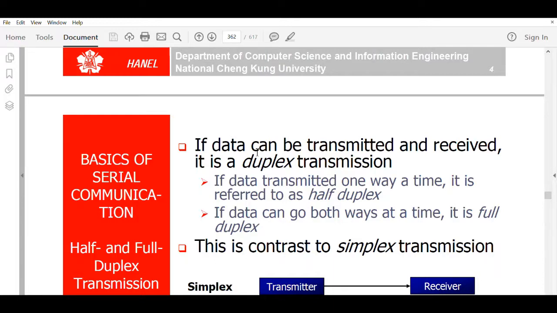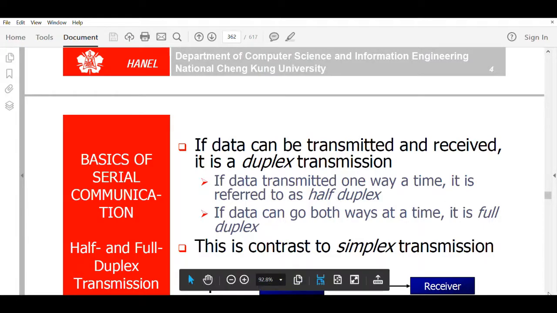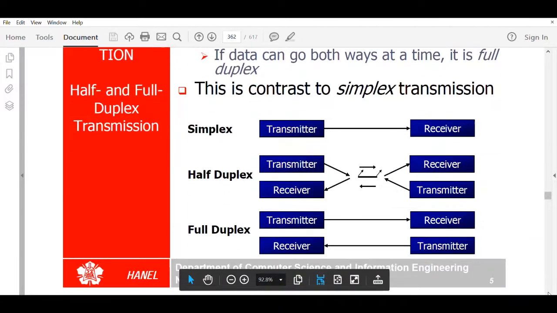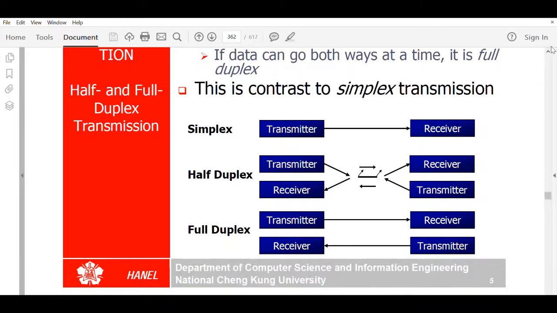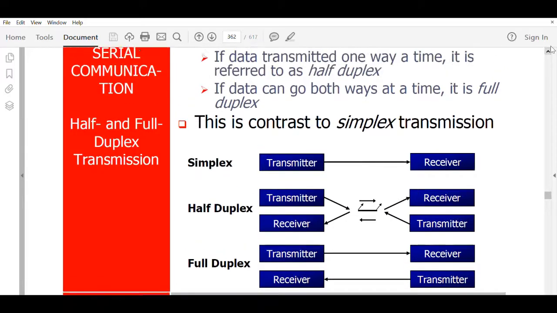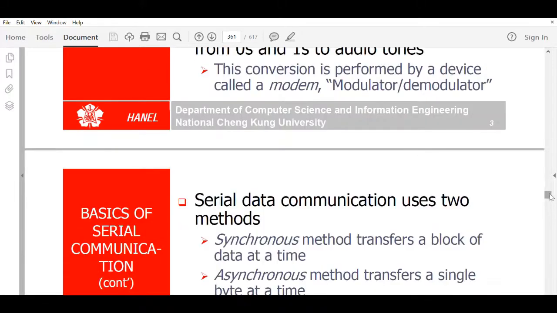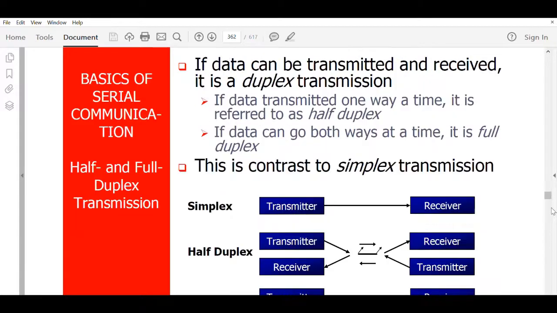Half duplex means the data can be transmitted only in one way, and full duplex means it can be transmitted in both ways.